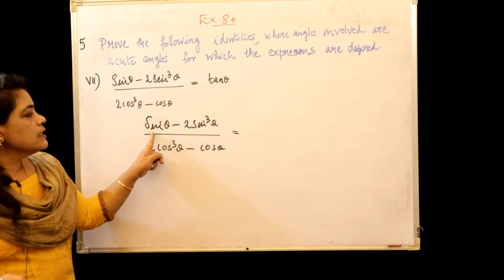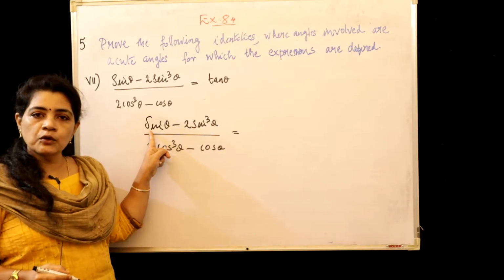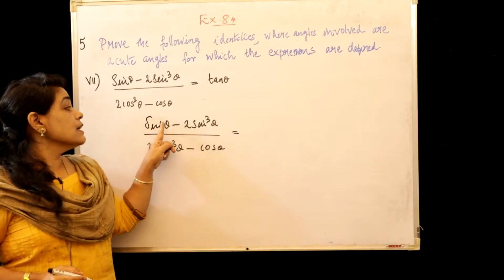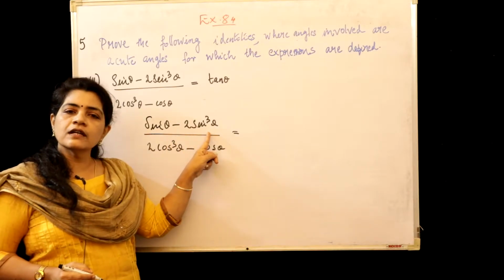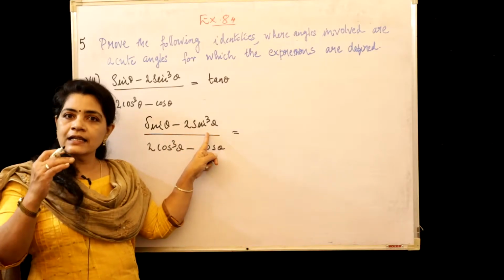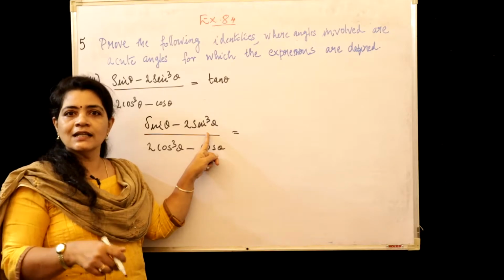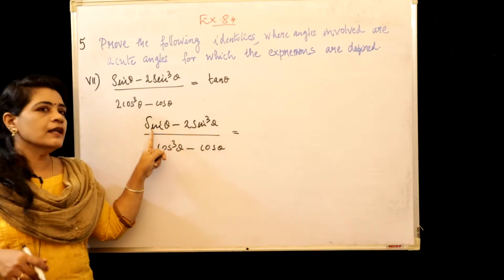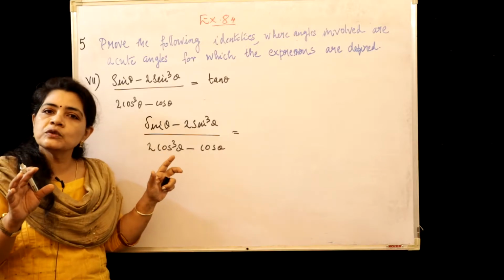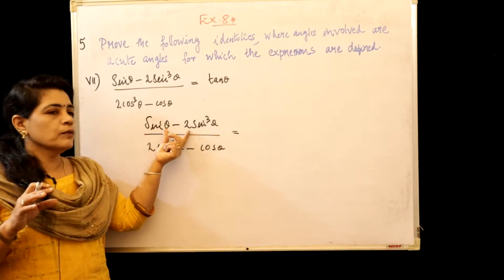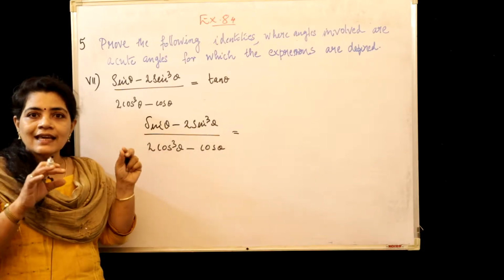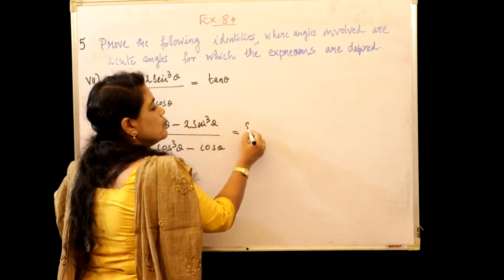See, from these 2 terms in the numerator, sin theta minus 2 sin cube theta. What is sin cube theta, children? Sin theta into sin theta into sin theta. And here already 1 sin theta is there. So I am going to take sin theta from the numerator.